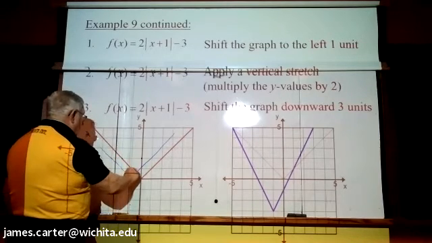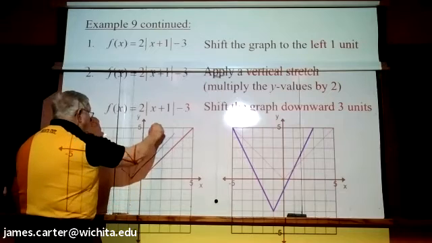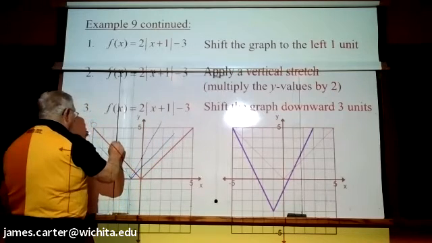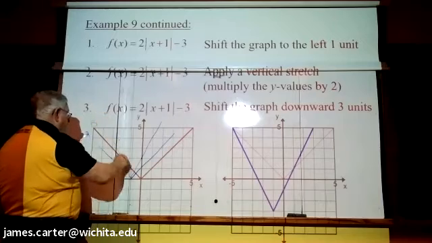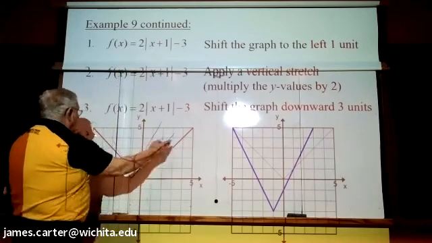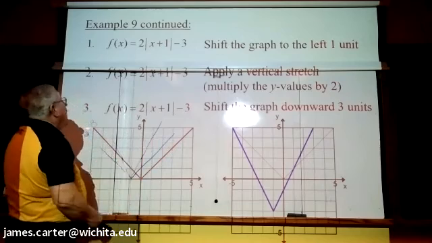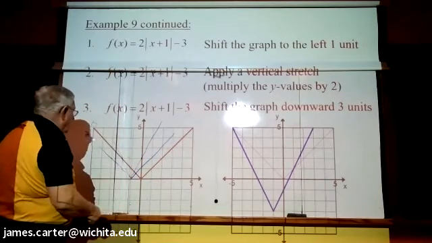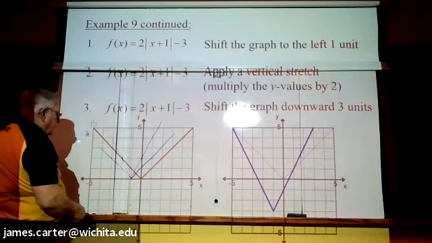So this thing is now going to go at this angle, like that. Okay. Because this is positive, this thing got steeper. It shrunk horizontally and it stretched vertically in this case.